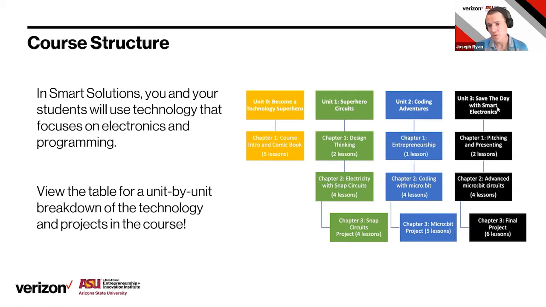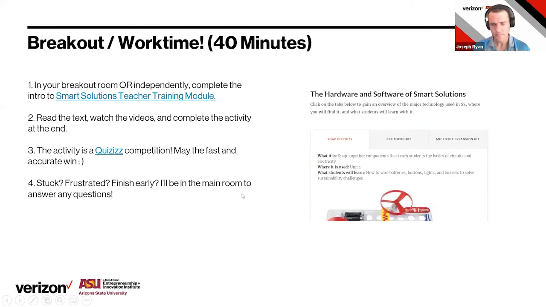And then finally, in unit 3, they'll learn about pitching and presenting and complete an advanced project using the micro:bit and the expansion kit that allows them to build complex circuits. So you can see there are 3 different projects as the course progresses. Each project gets more and more rigorous as the course goes.